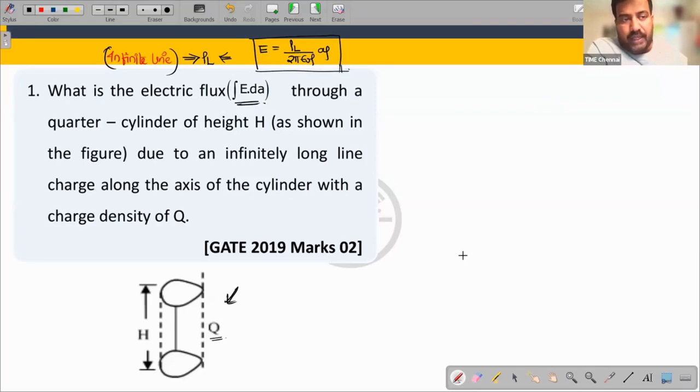Whatever knowledge you have, you need to apply here. What is the question saying? What is the electric flux? The integral of the electric field over a surface area will give you flux, as you know.